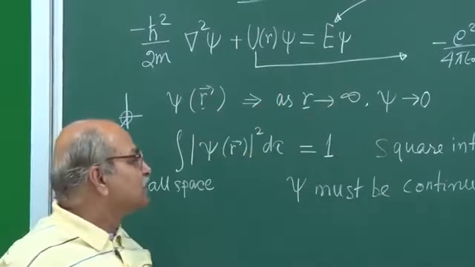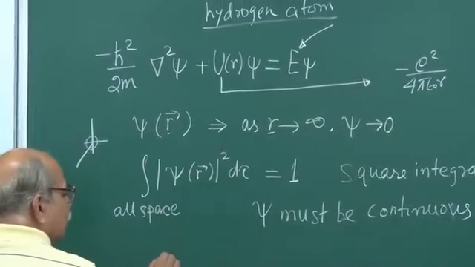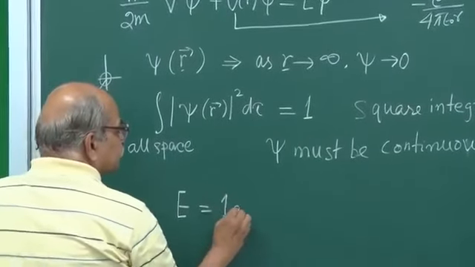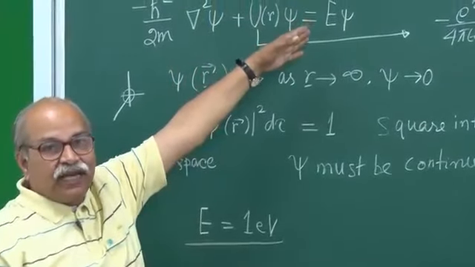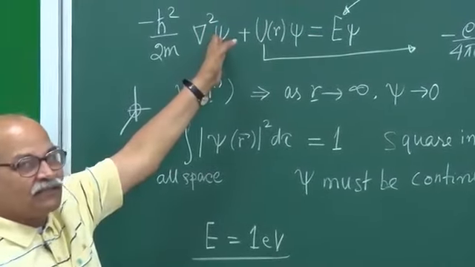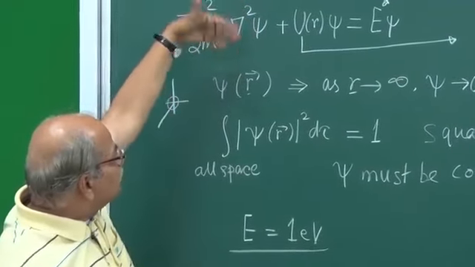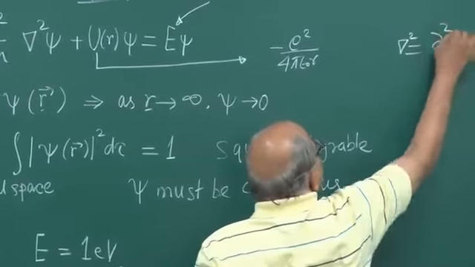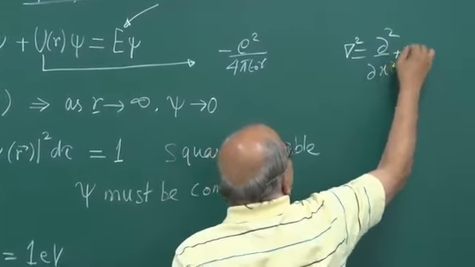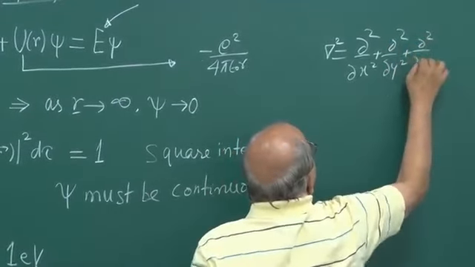Suppose this is the equation, and for this capital E, suppose I write 1 electron volt. The equation is still there, and I ask: what functional form psi should I put here, so that when I do all that second differentiation with respect to x, y, z? Remember that del squared is del 2 by del x squared plus del 2 by del y squared plus del 2 by del z squared.